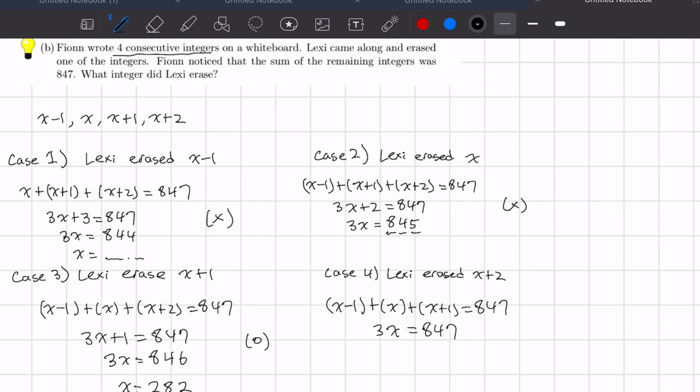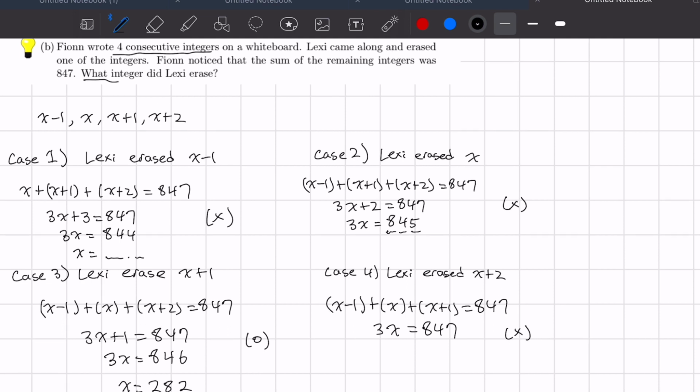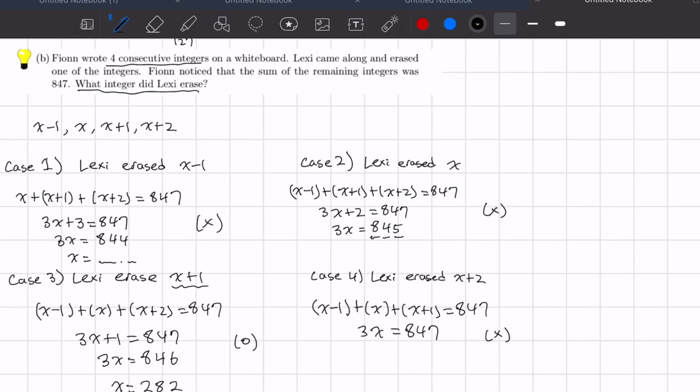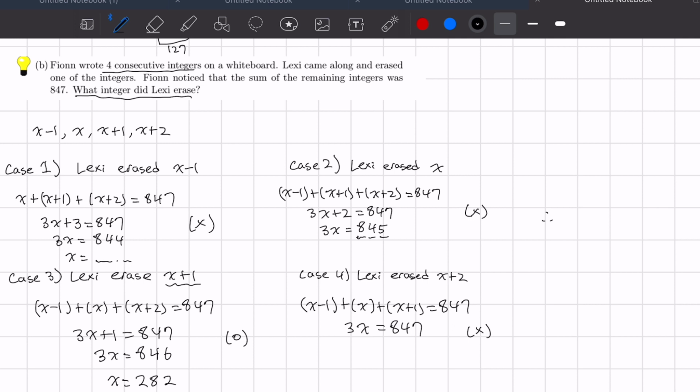We know that this is not possible either, since 847 is not divisible by 3. And the question is, what integer did Lexi erase and not the value of x? So in case number 3, Lexi erased x plus 1. So the final answer should be 283 and not 282.